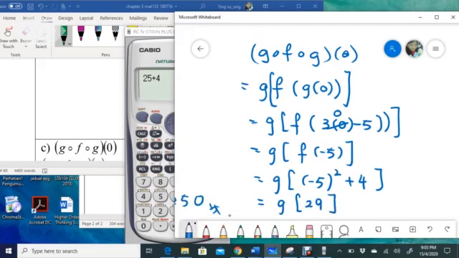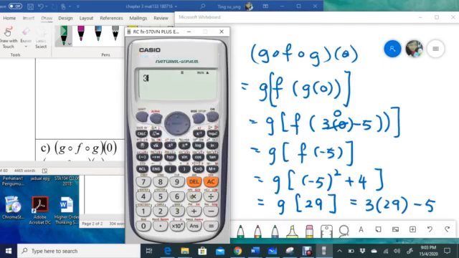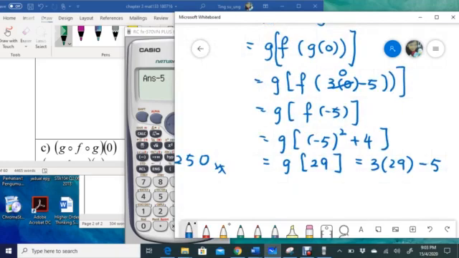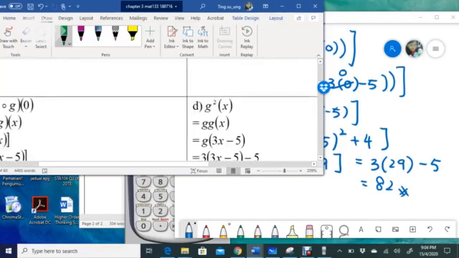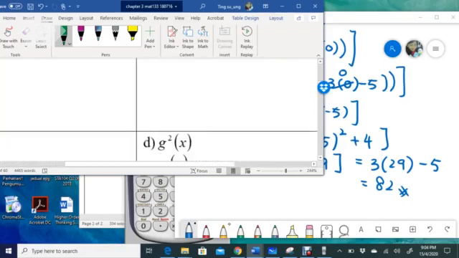Then for g, 3 times 29 minus 5, you have 82. So your answer is 82. Is that okay?